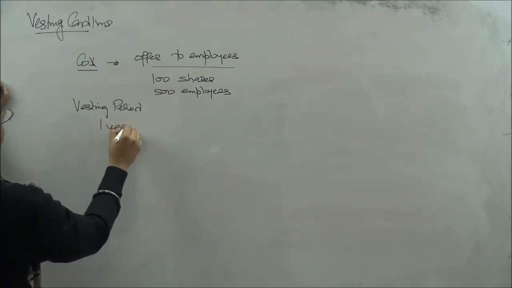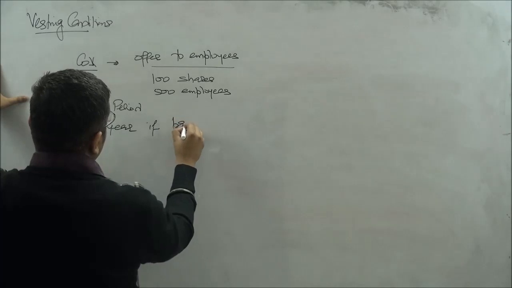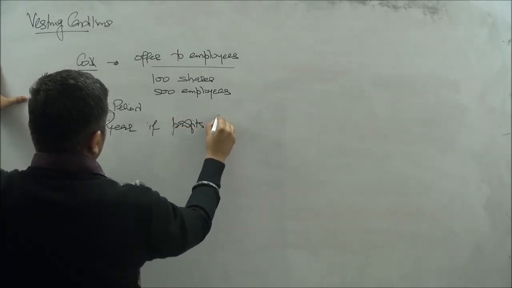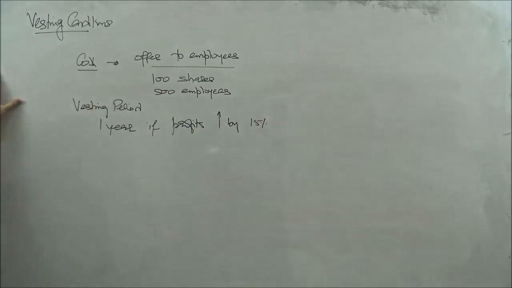The vesting period is 1 year if profits increase by 15%. So within 1 year's time you get 100 options in the company's shares, and there are 500 employees.